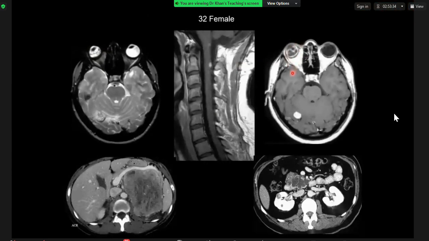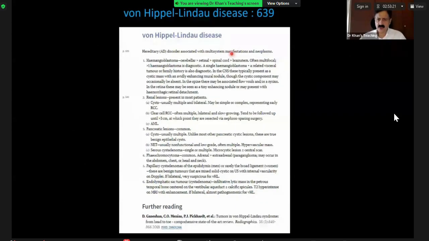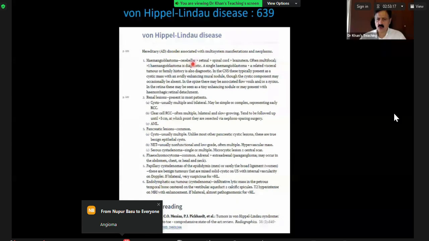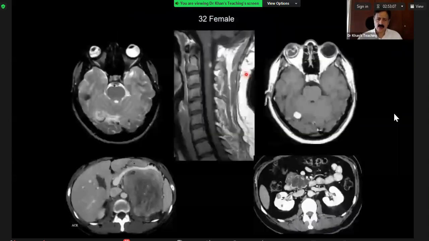So in orbit, they can also have hemangioblastomas, von Hippel syndrome, VHL. So these are orbital hemangioblastomas. Excellent. If you go back to your Chapman, it tells you hemangioblastomas cerebellar are more common than retinal, than spinal cord, than brainstem. So this can happen within the orbit also.